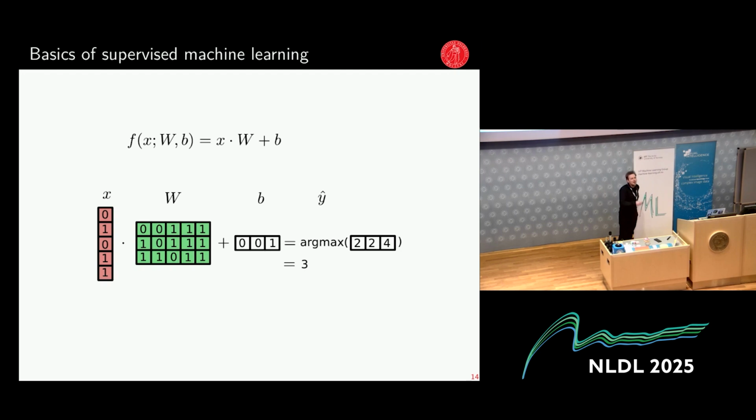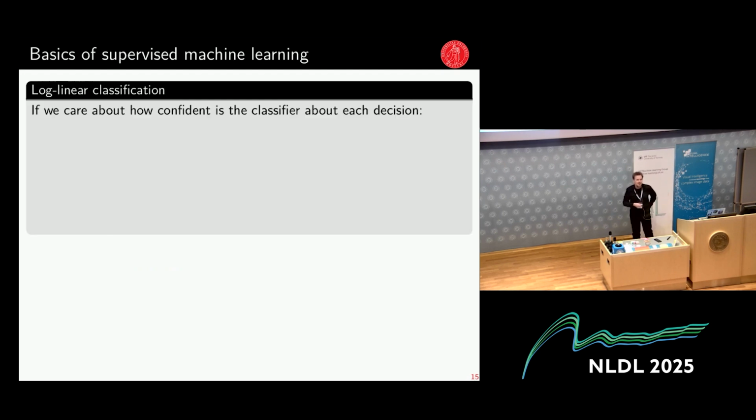Graphically we can represent it like that. We again have an input feature vector x multiplied by W, which is a matrix, add the bias term, and then we just take whatever component of the prediction vector has the maximum value. So this is our prediction. In this case, the prediction is class three, or for example, the language three.